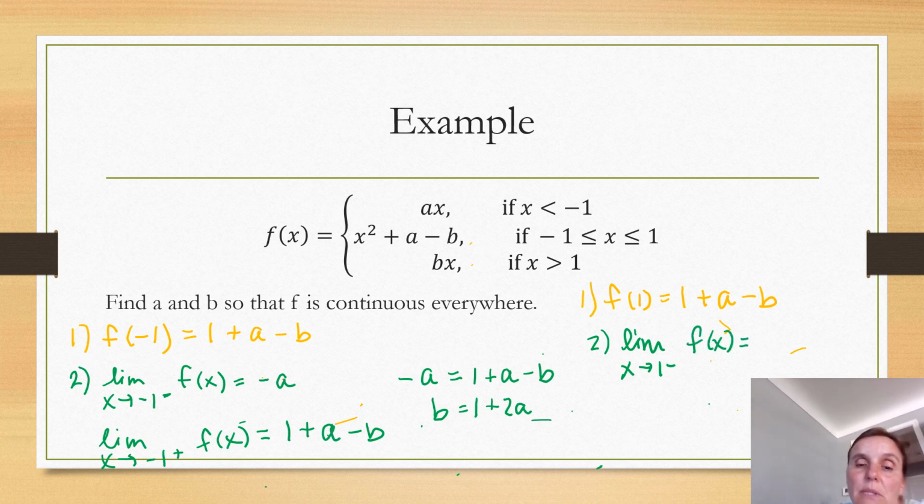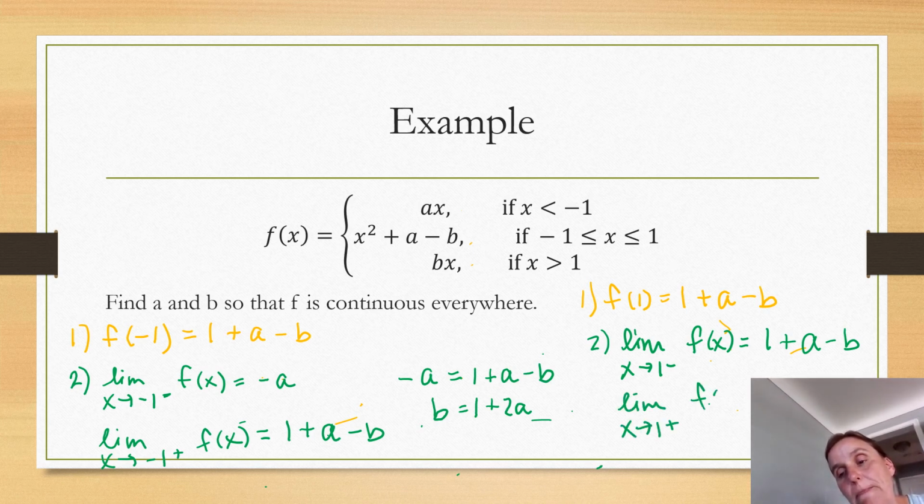That would be the middle again, so that'd be 1 plus a minus b. I'm going to get rid of my face so there's more room. And then the limit as x approaches 1 from the positive direction would be 1 times x, or 1 times b, because x is 1.